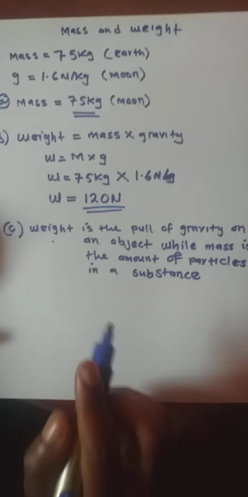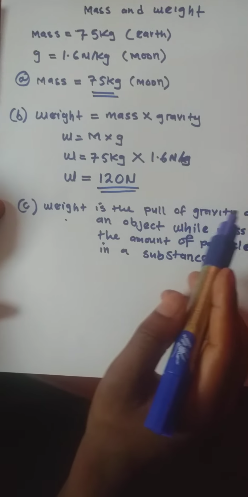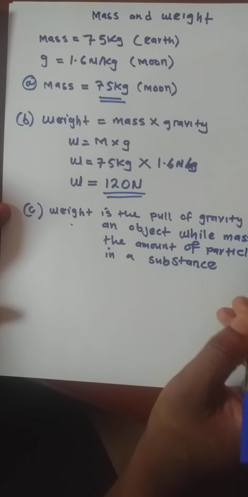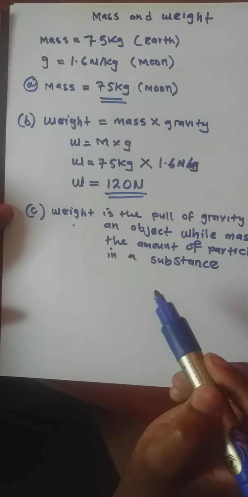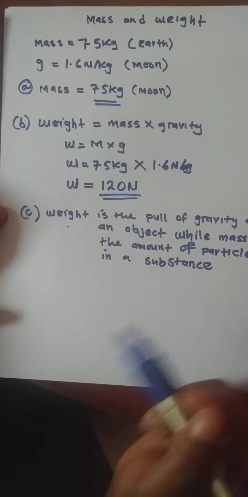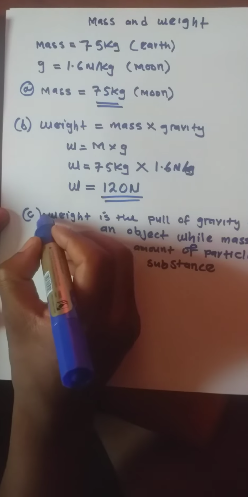So the first difference is that weight is defined as the pull of gravity on an object, while mass is defined as the amount of particles or matter in a substance. So that's the first difference.